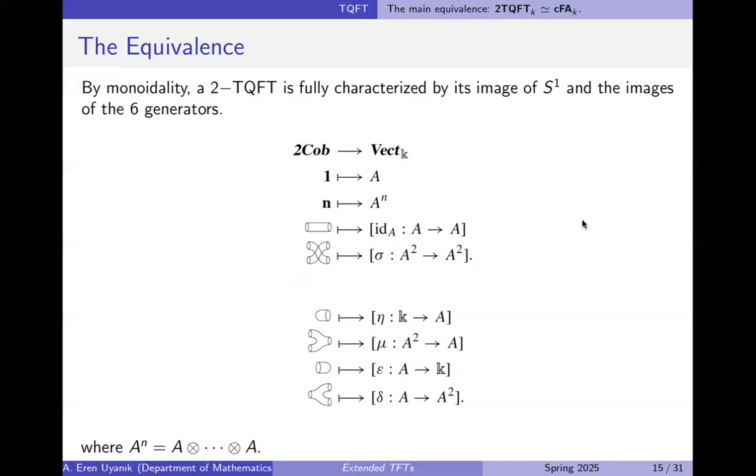It just does nothing, and it is the identity map on the algebra. Just by manipulation, you see that this gives a Frobenius algebra structure. So this was the TQFT case. And our aim in this project is to explain a similar classification result in the extended setting. If you take the image of the identity, it becomes a Frobenius algebra.